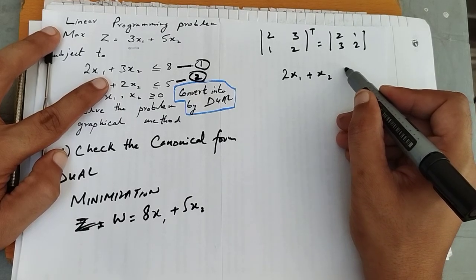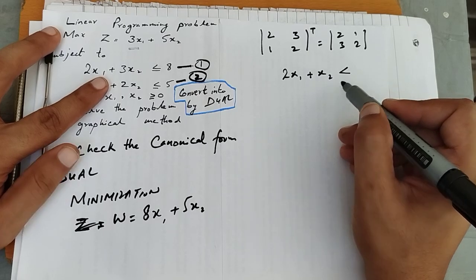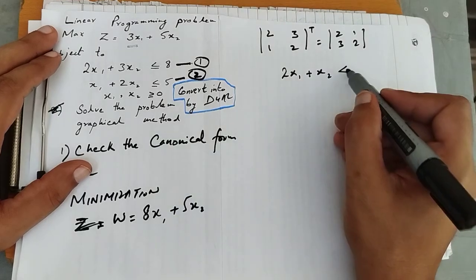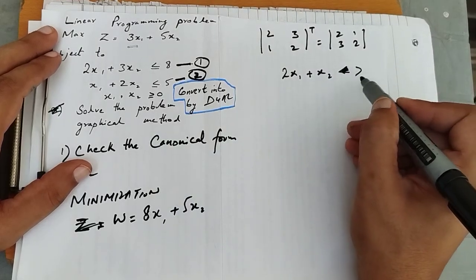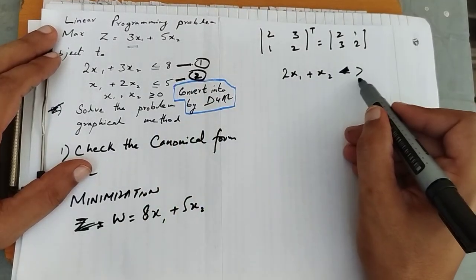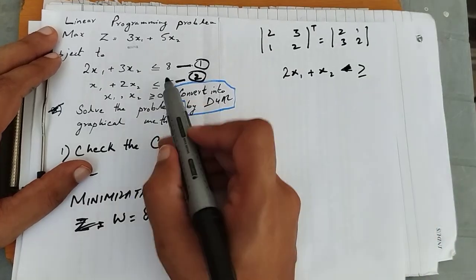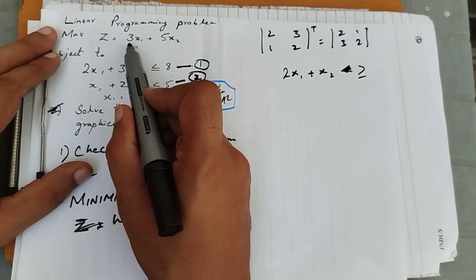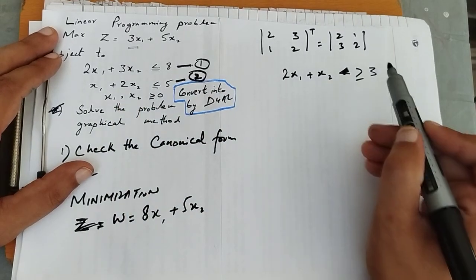Since it is the minimization function, we take the greater than sign instead of the less than sign, and instead of 8 we will be using the coefficient of the objective function, that is 3.